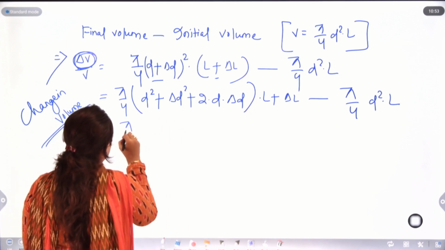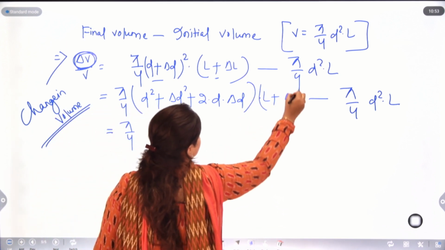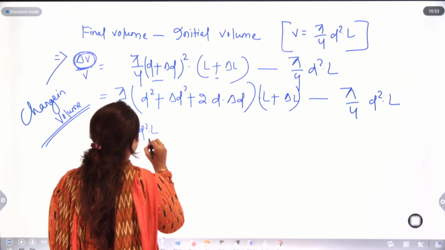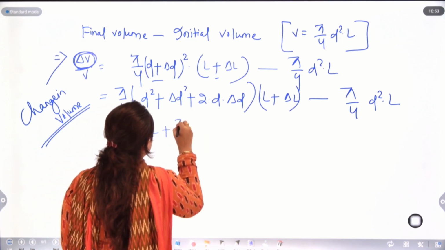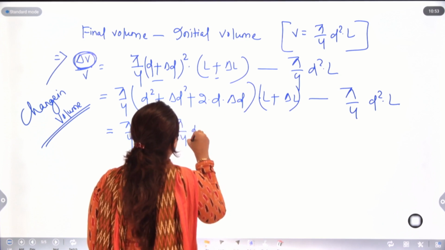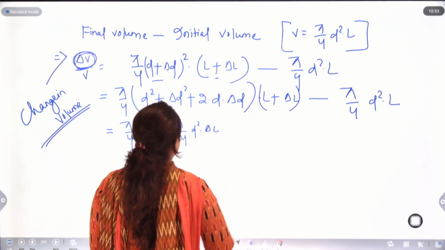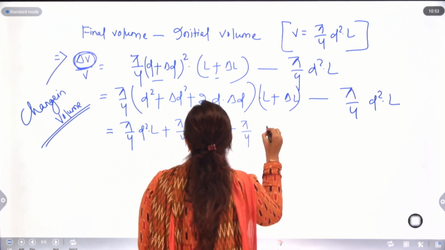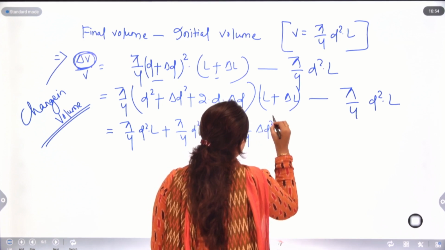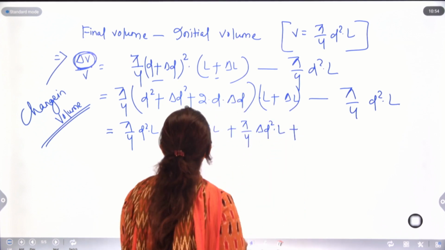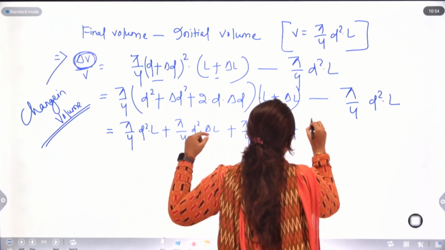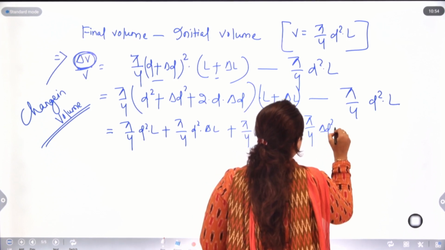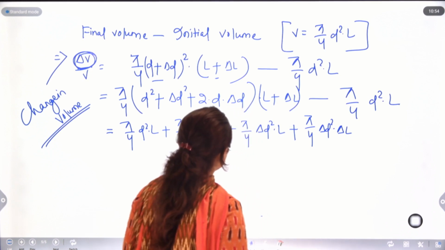So now multiplying this with this, into L plus pi by 4 D square into del L, plus pi by 4 del D square into L, plus del D square with del L.